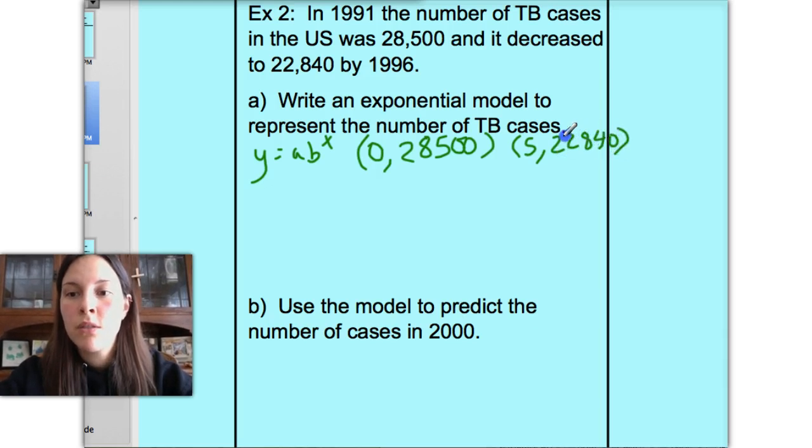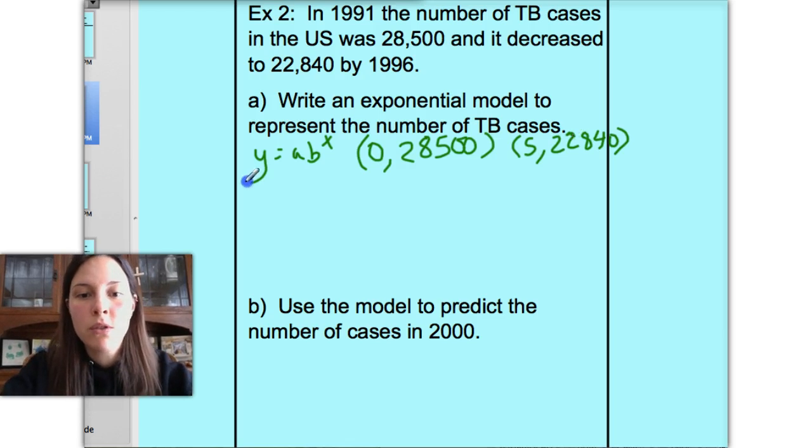So what we do is we use those two pieces of information to substitute into our equation. So the y will be the second coordinate, the amount after time. A is our initial amount, so that'll be the y-coordinate or the y-intercept from that 0 coordinate ordered pair. And B is what we're solving for, the rate of growth, or in this case, the rate of decay.